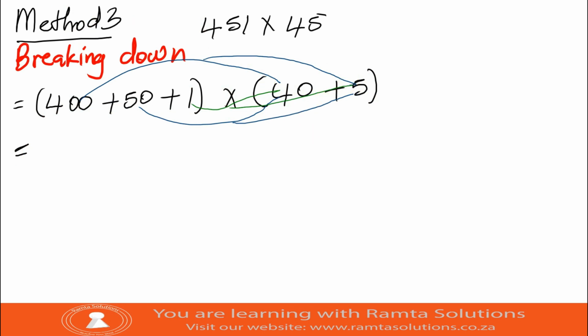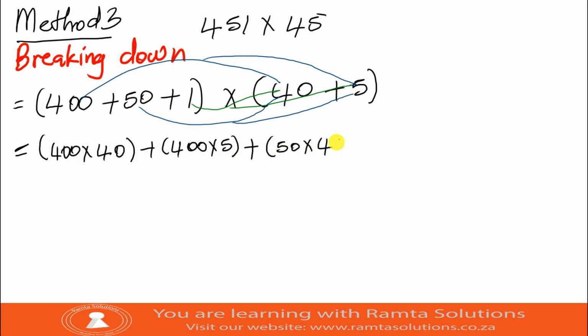So now, what we will say is 400 times 40, in bracket, plus 400 times 5, close the bracket, plus 50 times 40, plus 50 times 5, and then 1 times 40, plus 1 times 5, right?